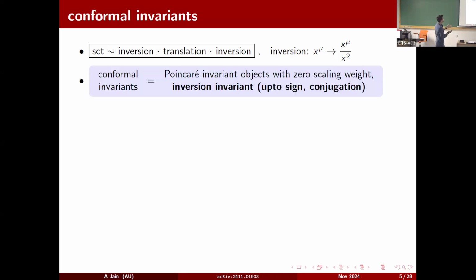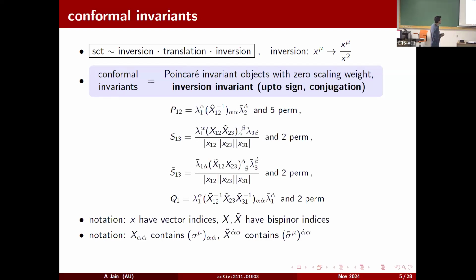So what are conformal invariants then? Conformal invariants are structures which are Poincare invariant, which are scale invariant, meaning they have 0 scaling weight, and which are inversion invariant up to a sign and conjugation. Now, this is important. These are all the structures that we can build. This is an exhaustive list, by the way. So these small x's would have vector indices.